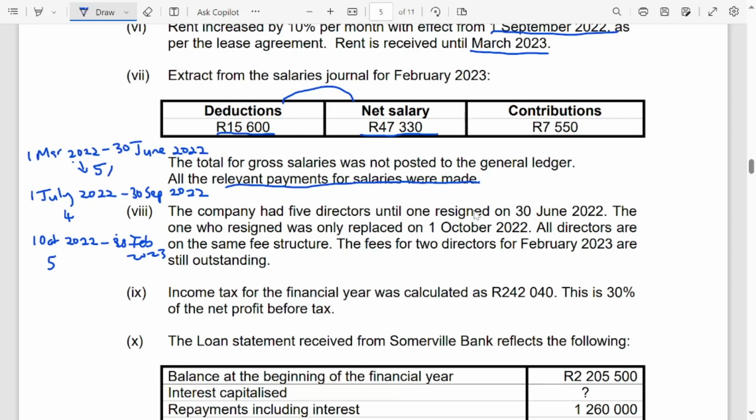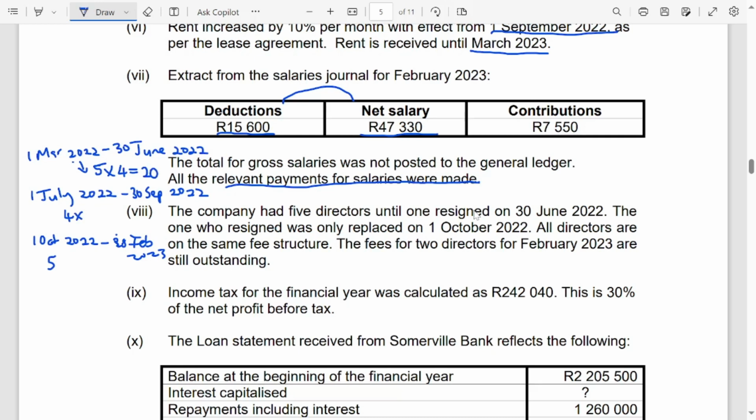So it's 5 directors. Remember, these directors are earning the same amount per month. So all these directors are earning for this month. So it's March, April, May, June times 4. So it means that these directors in total earned for 20 months. And then it's July, August, September for this one.